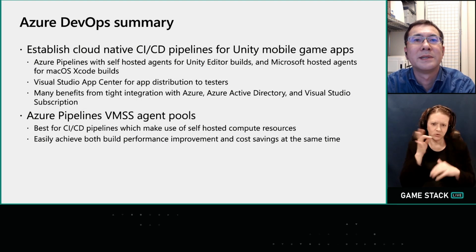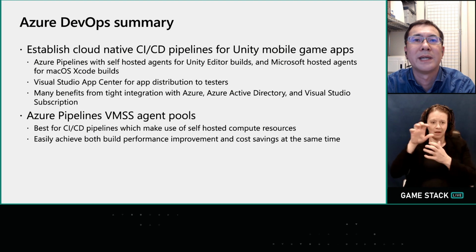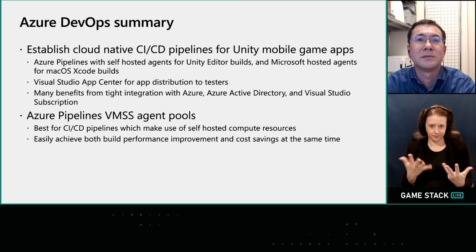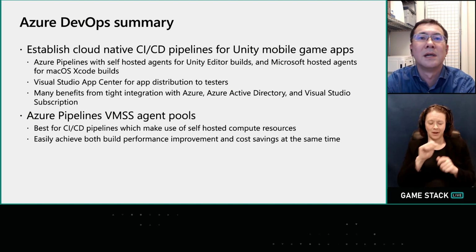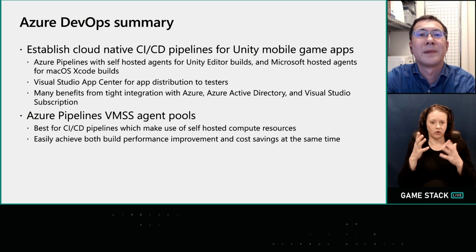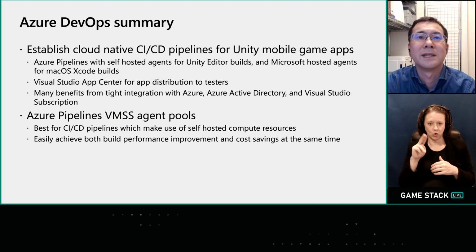The summary of this section. I told you that we've established cloud-native CI/CD pipelines for Unity mobile game apps and how they look like. We adopt Azure Pipelines with self-hosted agents for Unity editor builds, and the Microsoft-hosted agent for macOS Xcode builds, and the Visual Studio App Center for app distribution to testers.